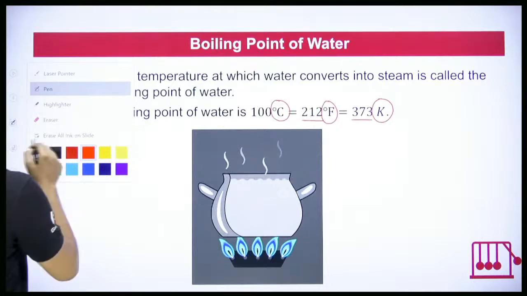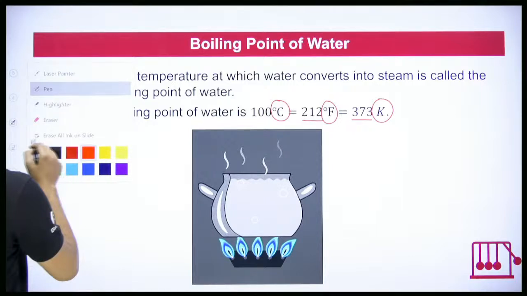Okay, good. So similarly, you have something called the melting point. What is melting point? We say that ice melts. What happens when ice melts? Ice will be converted to water. Yes or no? So when we say melting point, the phenomenon of melting, we are talking about conversion of ice into water.